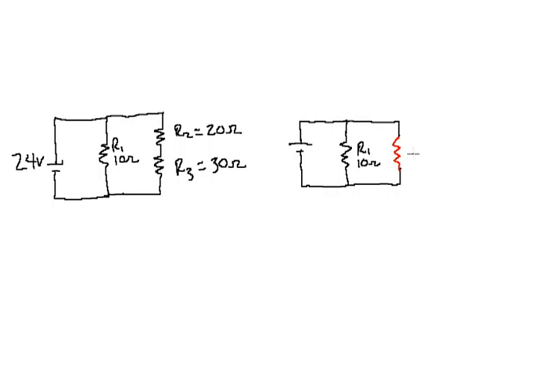Because it changed, it's going to change to R2 3. That equals 50 ohms, because two resistors in series is added.